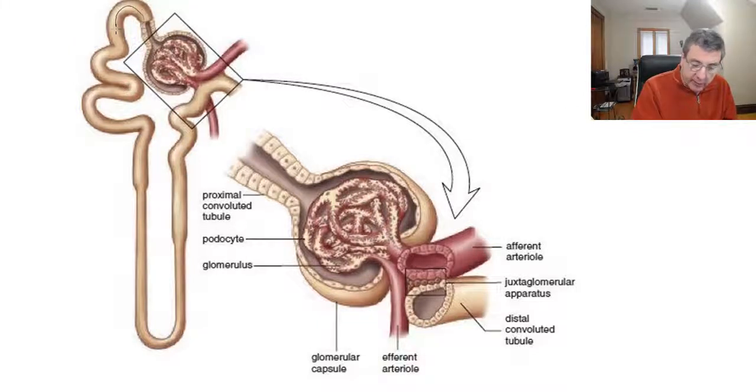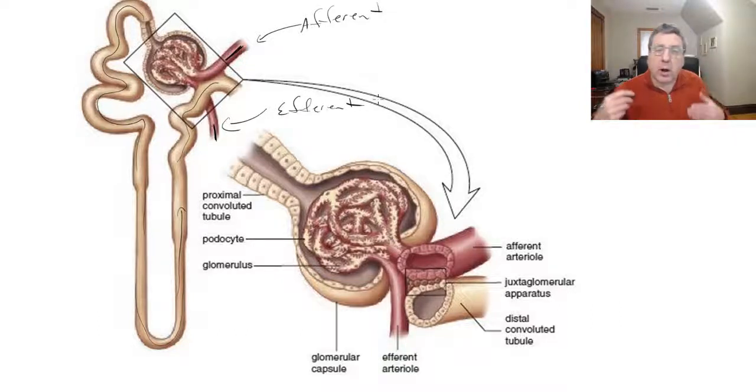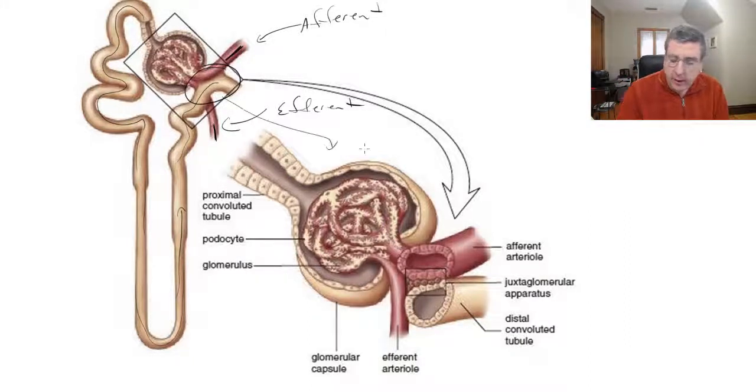But you can see we have our proximal convoluted tubule in this area. Then we go down the nephron loop, descending limb, ascending limb. And then as we come into here, you can see it is in between the afferent and efferent arteriole. So afferent, efferent, and those are arterioles. So that's a key thing, because this area is going to be down in this picture.